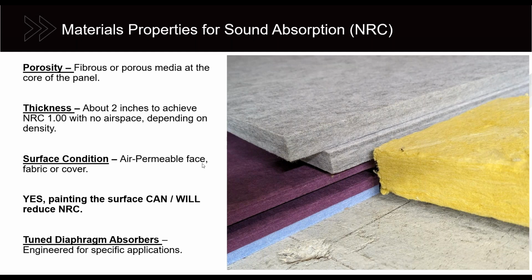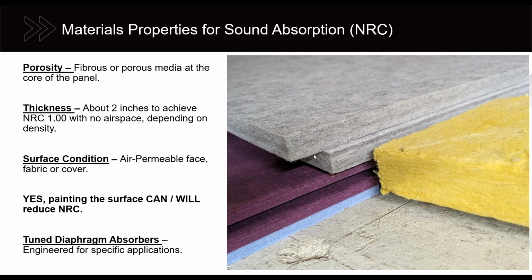Thickness is very important for this type of absorber. It takes about 2 inches of porous fibrous material of sufficient density to get an NRC of 1.0 with no airspace behind it. Density does matter, maybe less so than thickness, but too much density can actually start to reduce performance as well. There's a sweet spot, somewhere in the 5 to 8 or 9 pounds per cubic foot, where materials are very effective.